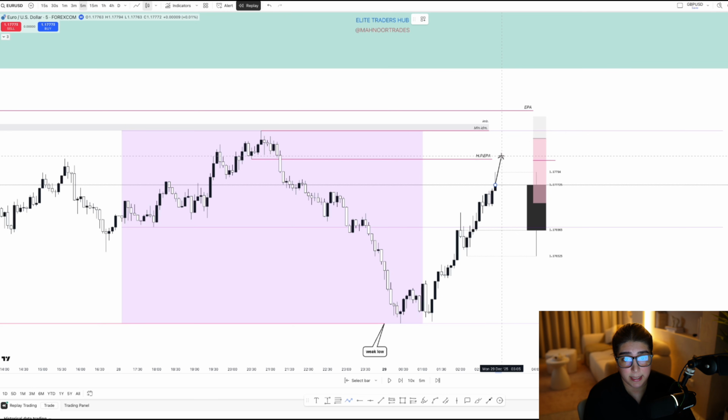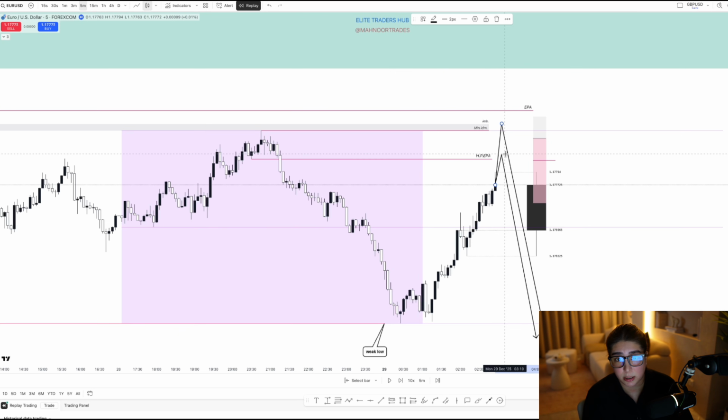So price could either do something like this, or we could have the second scenario, which is price going up, inducing minor, and then going further down, right? Regardless of which point of interest it taps into, we still need to see a lower time frame confirmation. We need to see a trade entry model for us to get into some sort of sell, right?